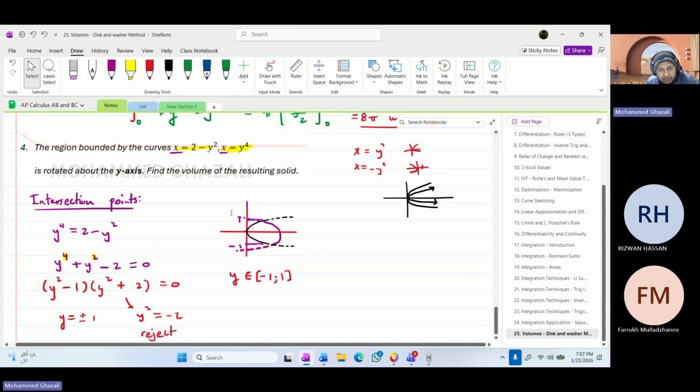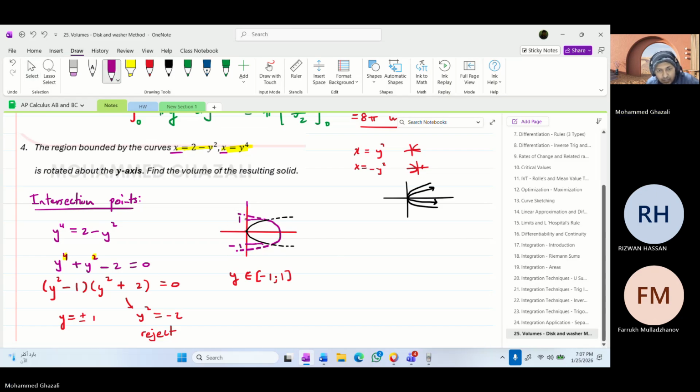Yeah, that's good enough. All right, so that's fine. 1 here, -1 there. And the rotation is about the y-axis. You good?